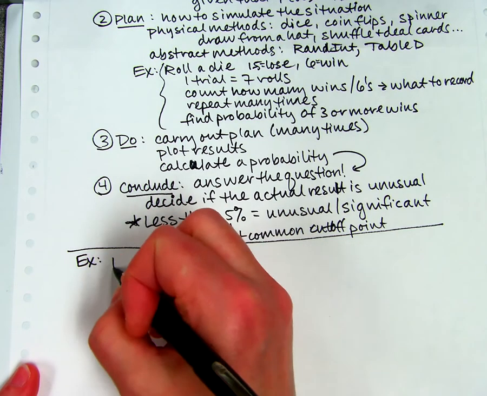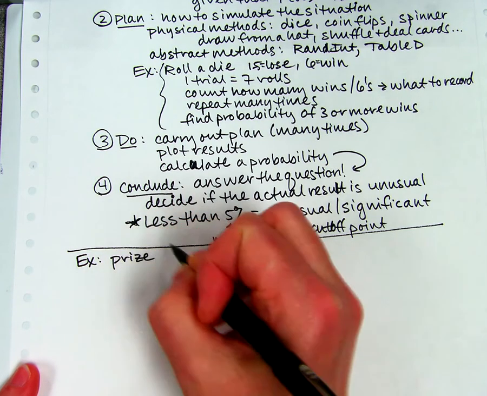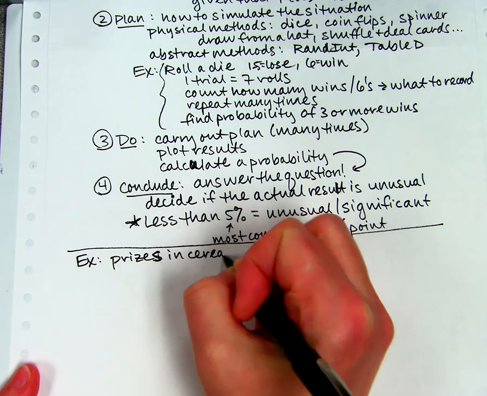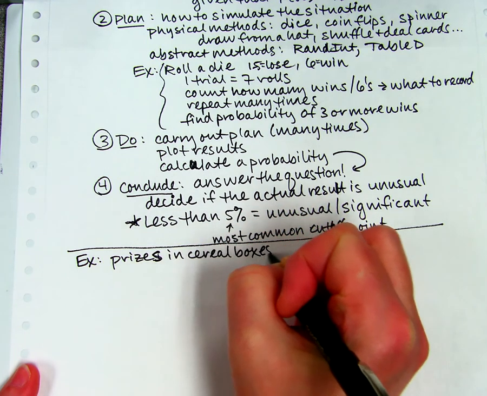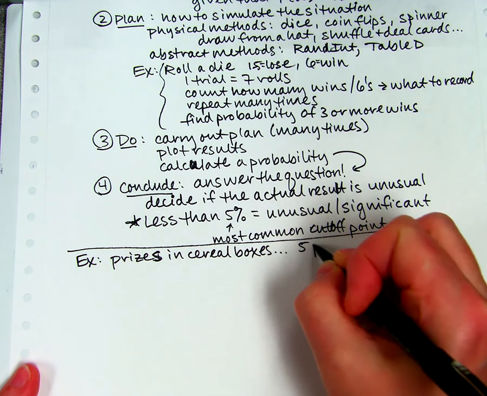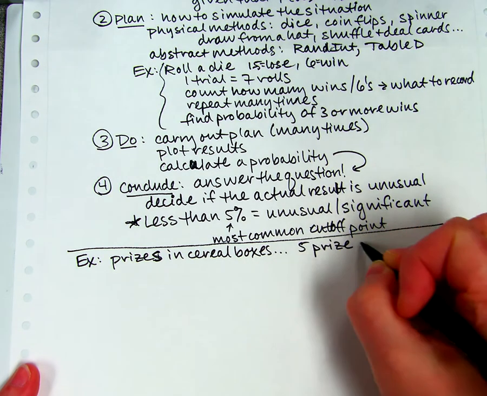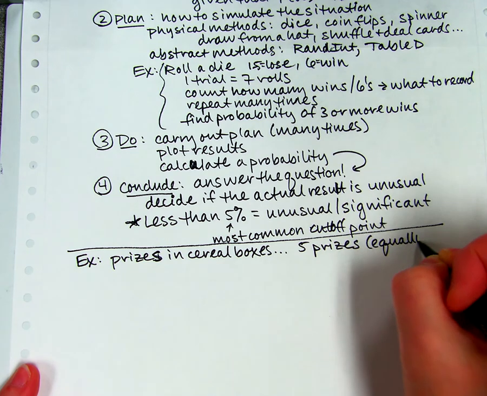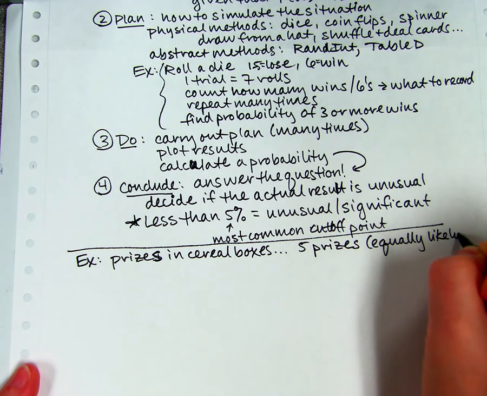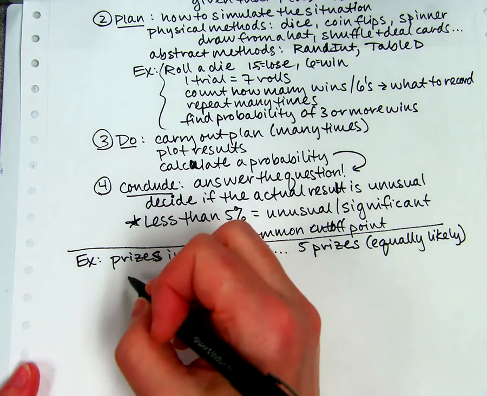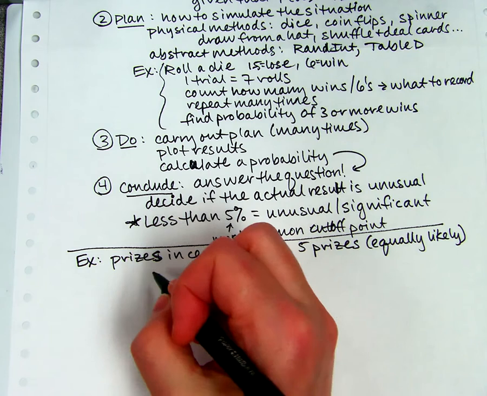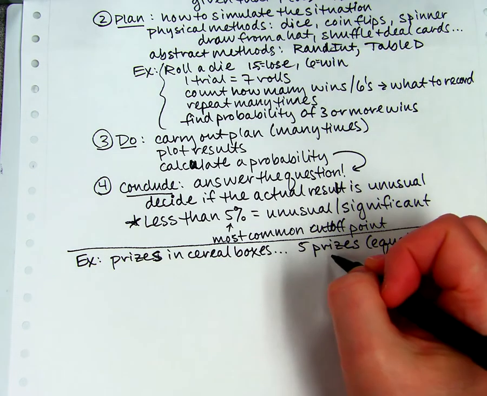Let's say there are prizes available in cereal boxes. There's 5 prizes, and the company says they're equally likely, which we're going to trust them on that for now. And this time, instead of seeing how many of a certain prize I get, I'm going to change it a little bit and say I want to collect all 5 prizes.